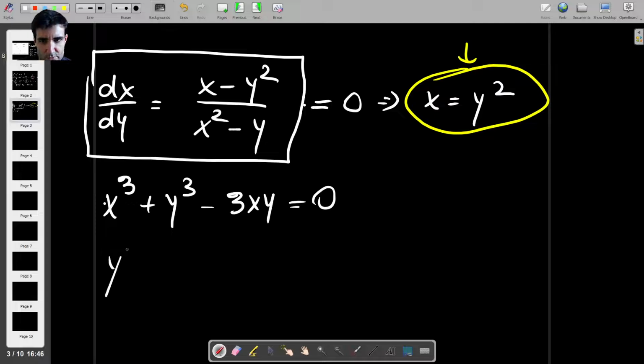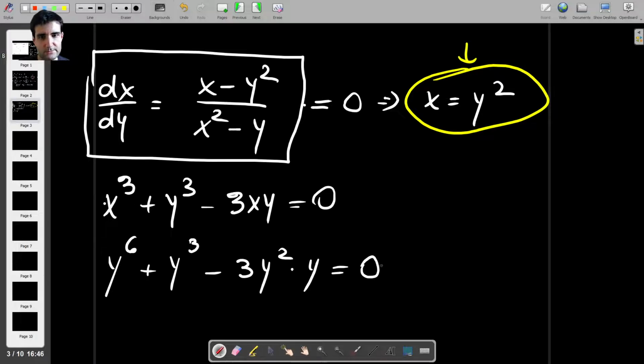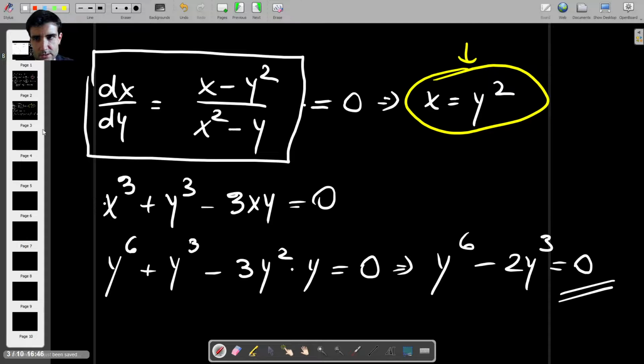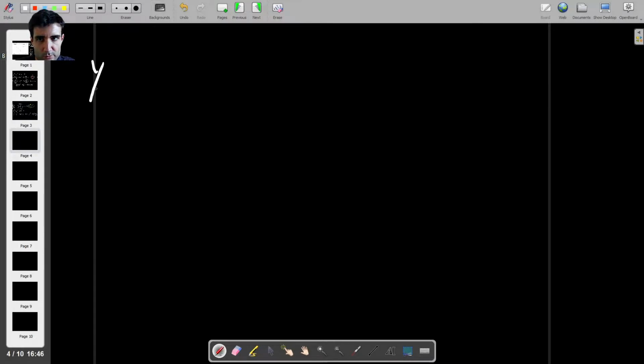So it's going to be y to the power 6 plus y cubed minus 3 times y squared times y equals 0, which gives us that y to the power 6 minus 2y cubed is equal to 0. We can factorize the y cubed, and that gives us y cubed times (y cubed minus 2) equals 0.